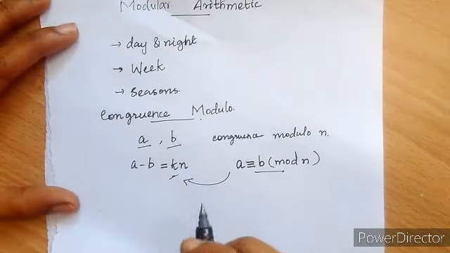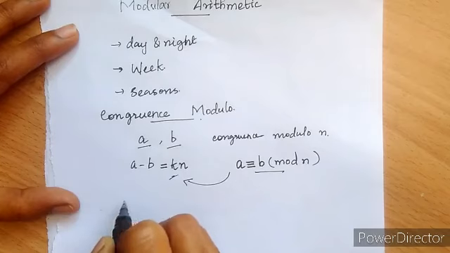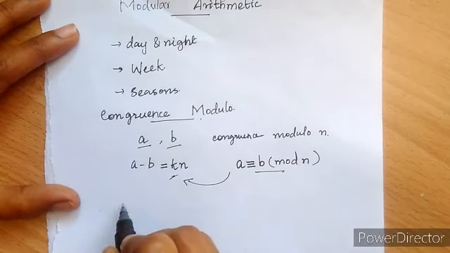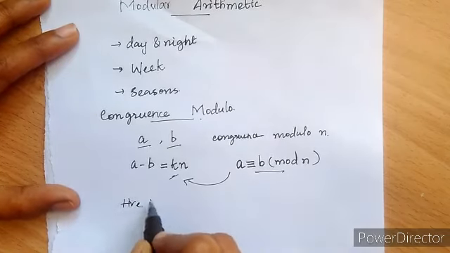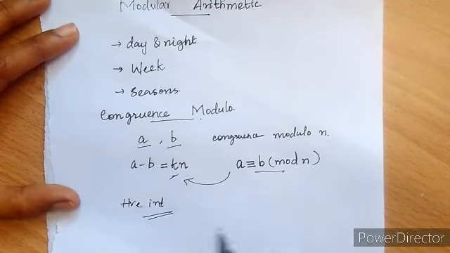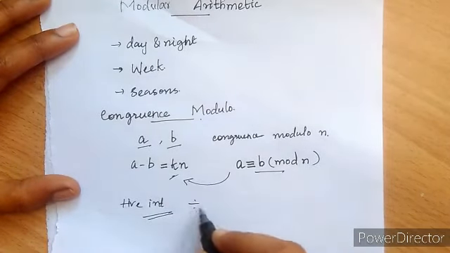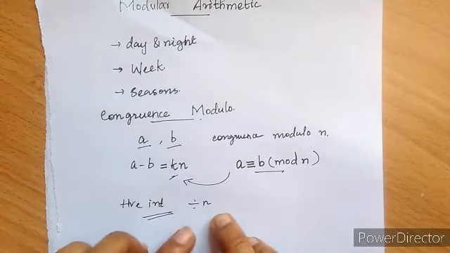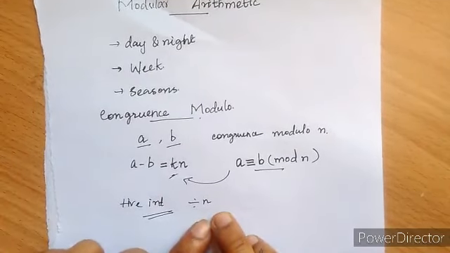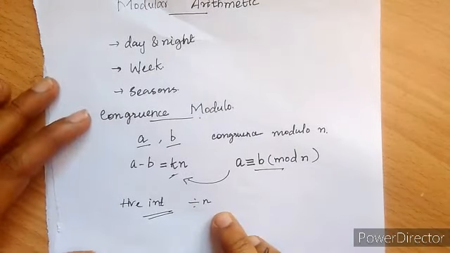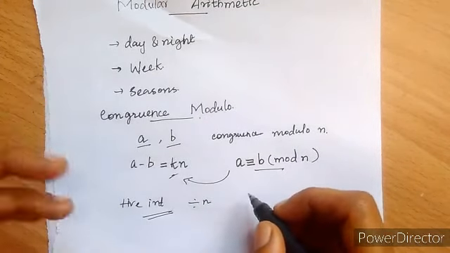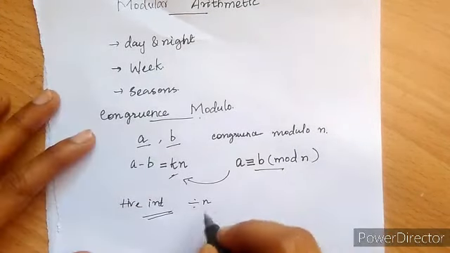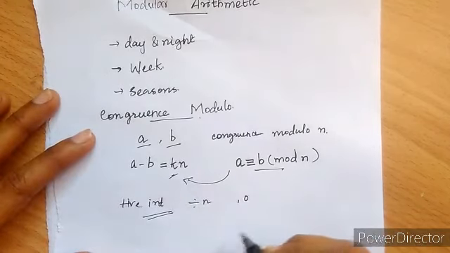One important note: I am taking a positive integer, and this positive integer is divided by n. Then what are the possible remainders? Sometimes it is completely divisible by n, so the remainder is 0.